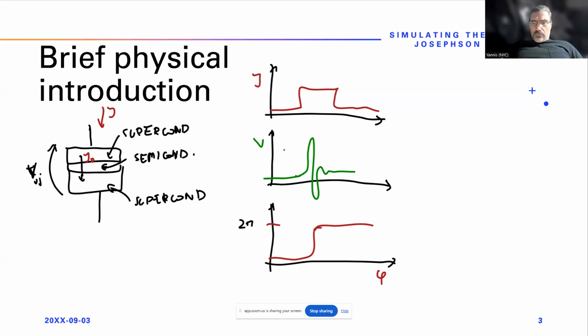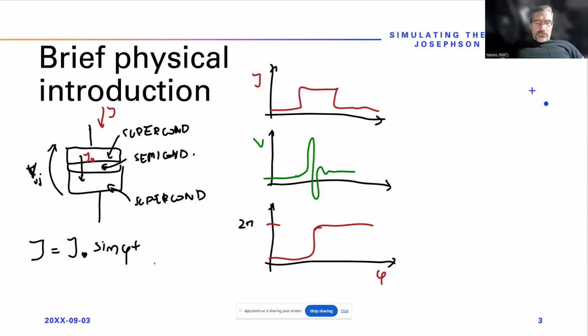So the current across the junction is dependent on three variables. First of all, it is this amplitude I0 that we had here, and this phase phi.